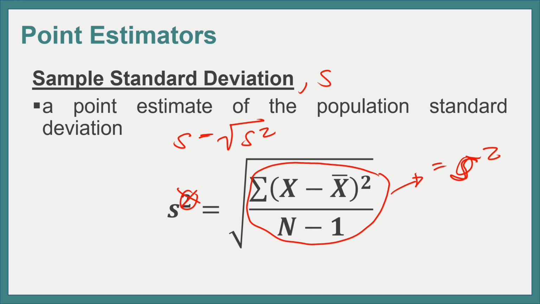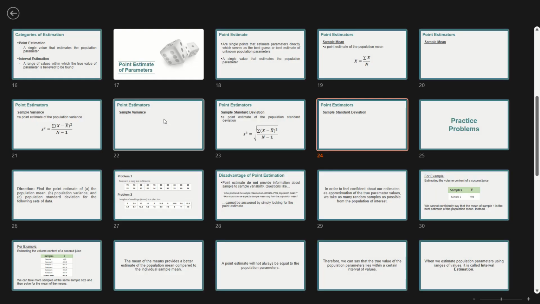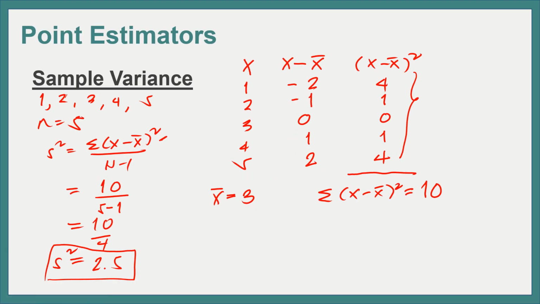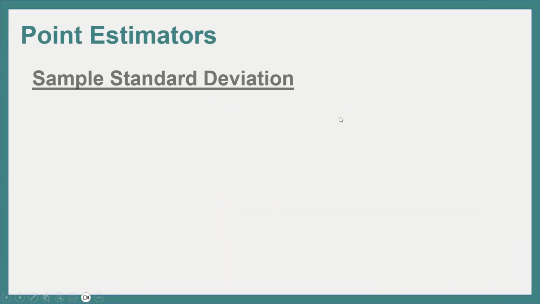So for example, if we go back to our previous slide, our sample variance here is s squared equal to 2.5. So this is still our given 1, 2, 3, 4, 5, our individual observations, where n is equal to 5. And we know that the variance of this data set is equal to 2.5.